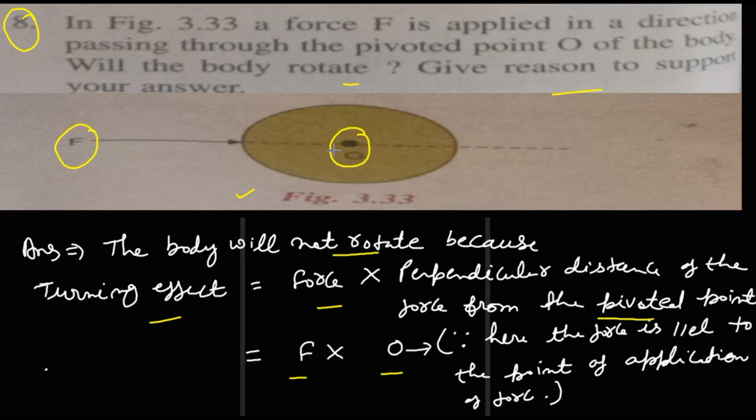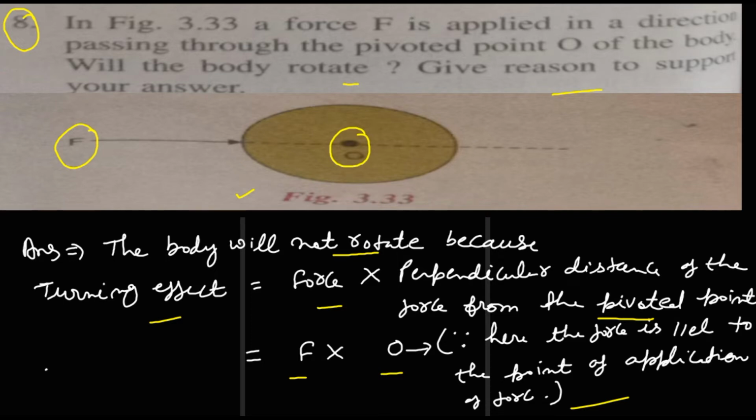So there is no perpendicular distance, and hence the body will not move. This is the reason why the body will not move, because here the force is parallel to the point of application of force, right?